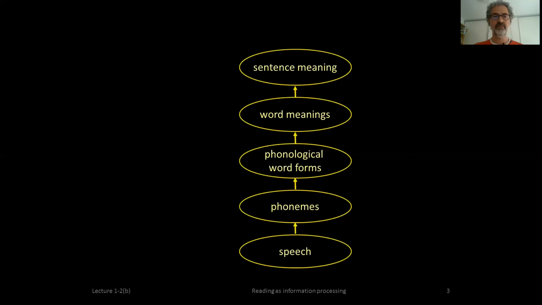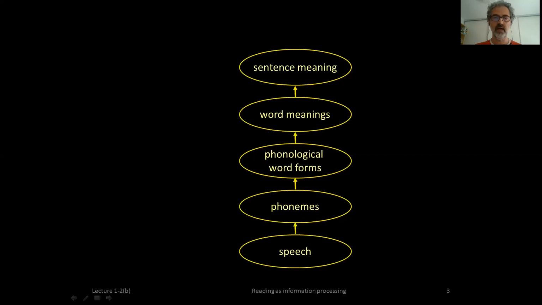Then these phonemes are organized in words and word parts. So these are phonological word forms. This is how words or word parts sound, how they're made up of speech sounds. And your mind can represent these phonological word forms, which are words you already know.